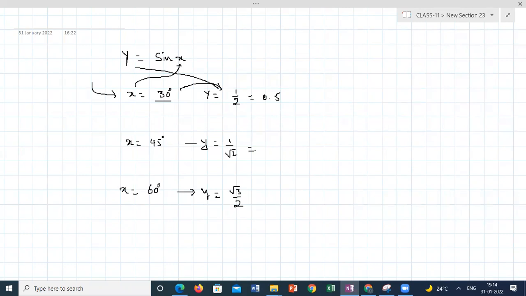And root 3 by 2 is approximately 0.866. That means if x is increased or decreased by something, the y will increase or decrease.